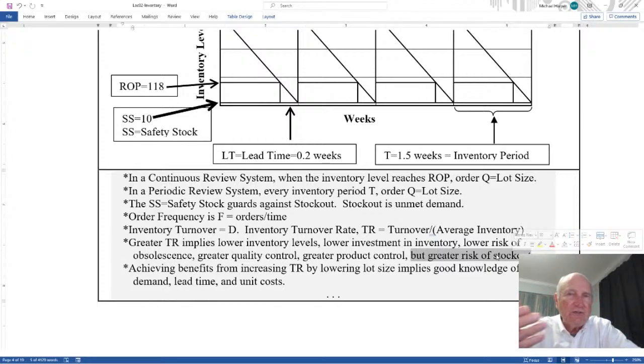So stock out costs are huge because the cost is more than the cost, and the risk is more than just monetary. The cost could be monetary, lost sales. It could be lost market share. It could be lost customers. It could be lost image, branding.